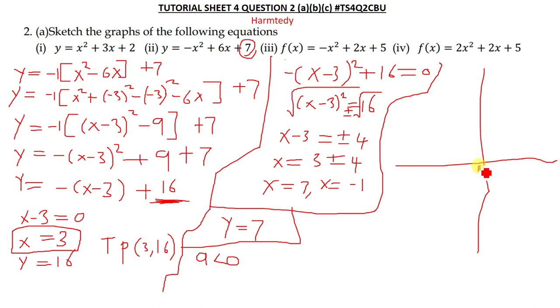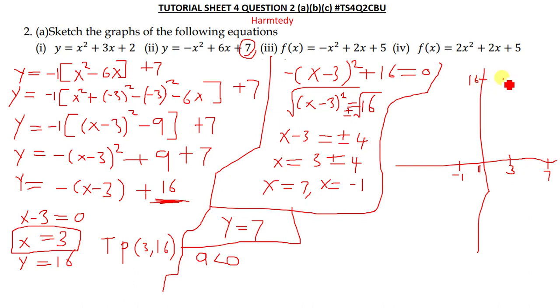Have 0 there, and then we first put our x-intercepts. We have -1, then we also have 7. Then our turning point is (3, 16). So I'll write my 3 to be there, then 16 can even be there.